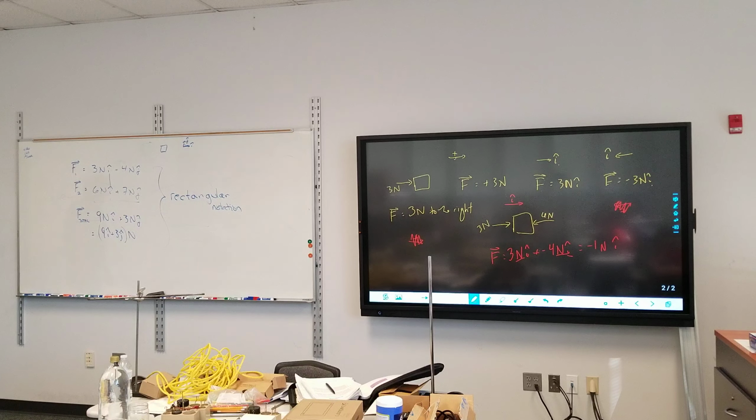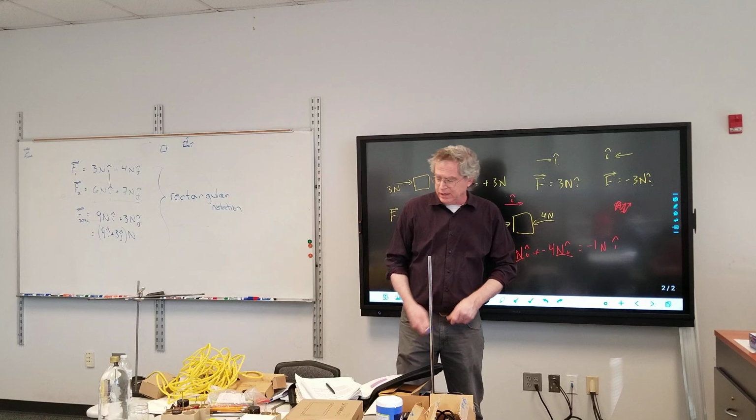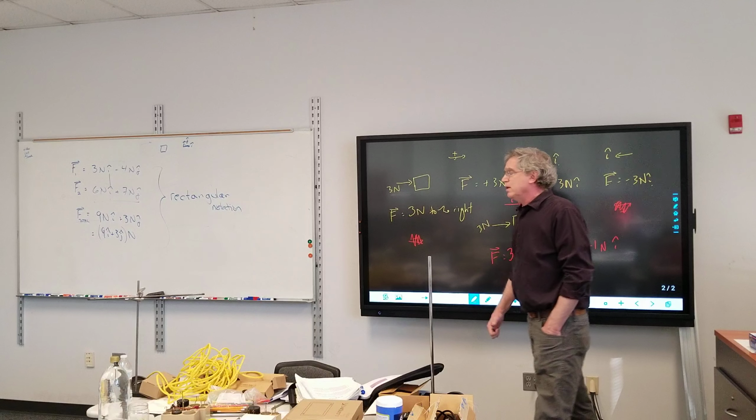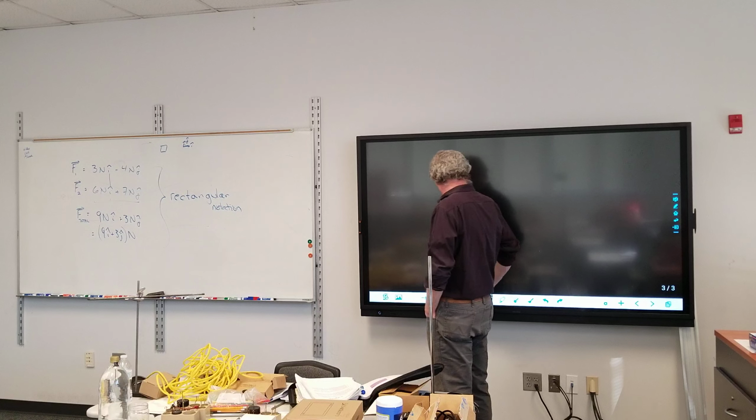Rectangular notation, the math is simple enough. You add the like terms, just like in Algebra 1. You add the x's, you add the y's. The other form of adding these, which usually does involve trig, is polar form. Polar notation.